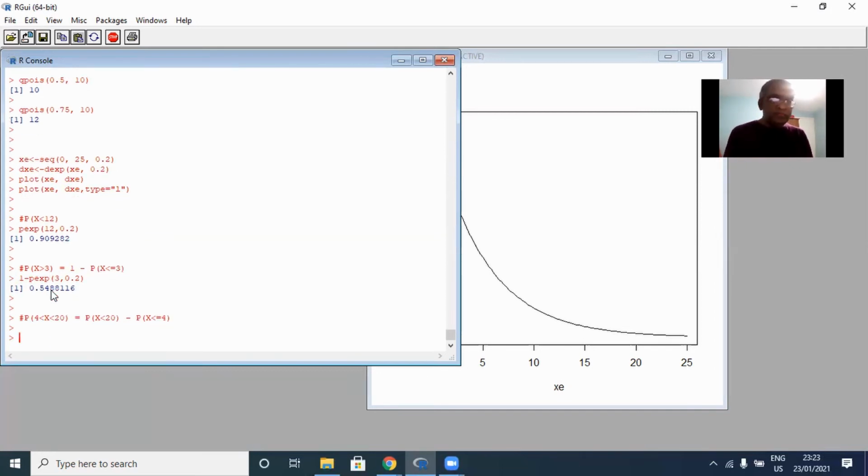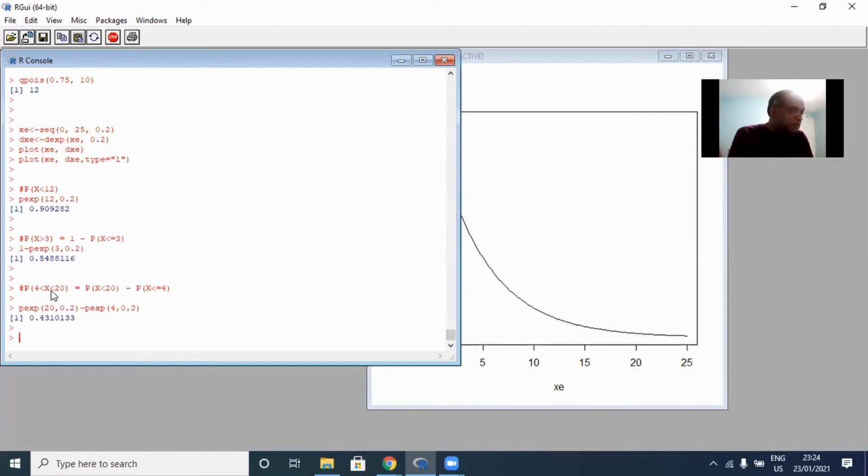So you can compute it as follows: the probability at 20 minus the probability at 4. This is the answer to the 3 probabilities.